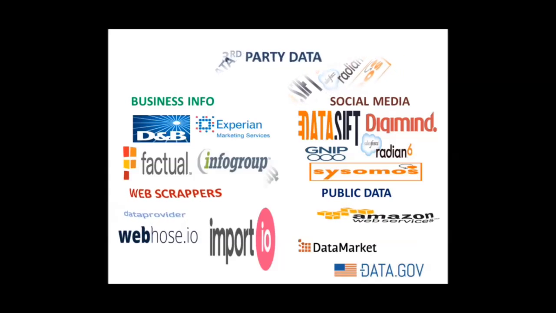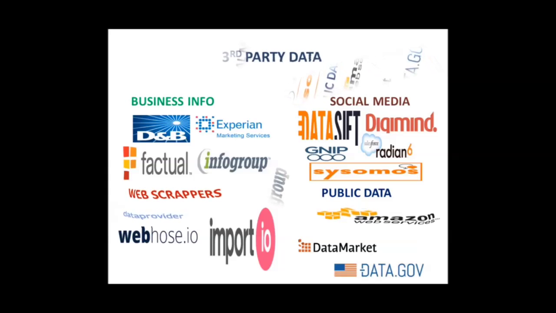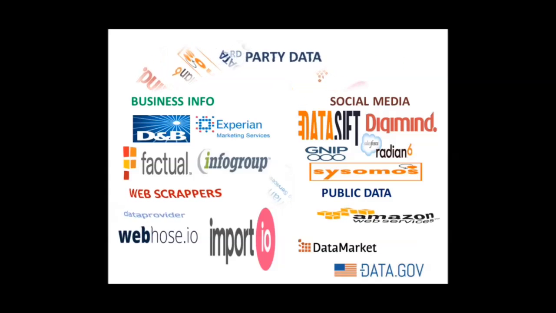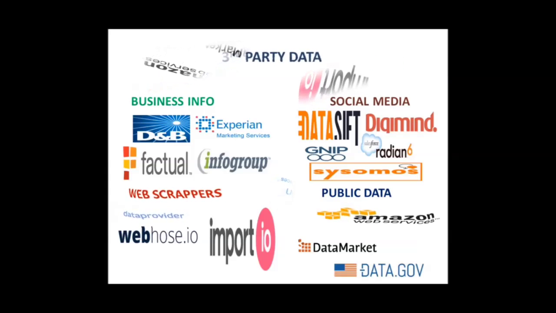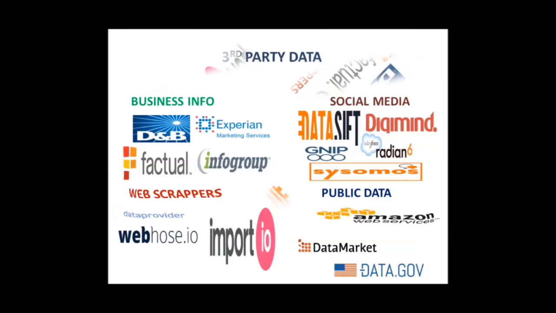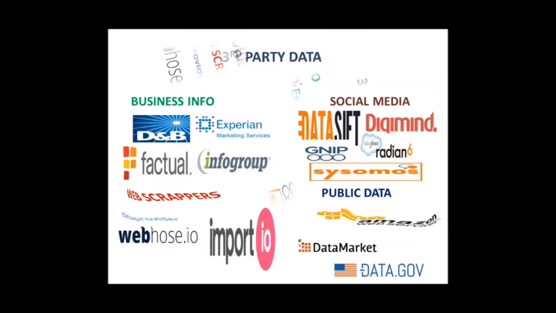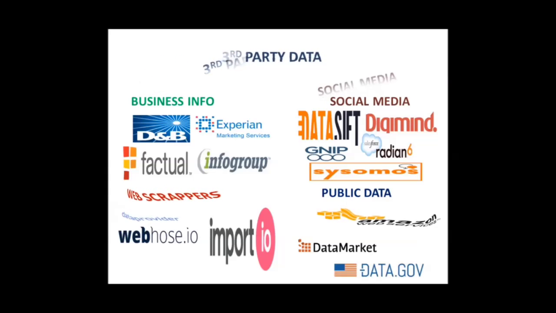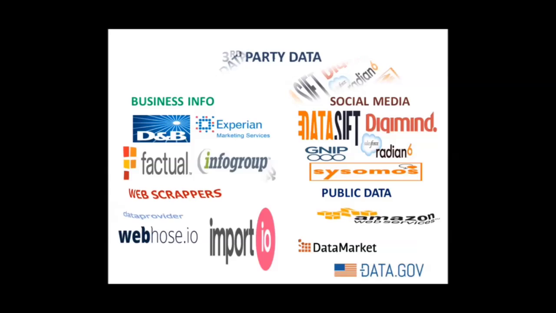Web scrapers. The most common web scrapers used for web analytics are Import.io, Kimono, Webhose.io, Data Provider. Public data is available from Data.gov, DataMarket, Amazon Web Services. The open-source data sources are mainly MongoDB, Cassandra, Redis, Riak, Spark, CouchDB.